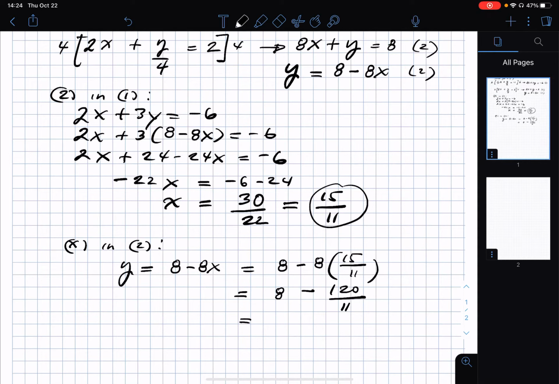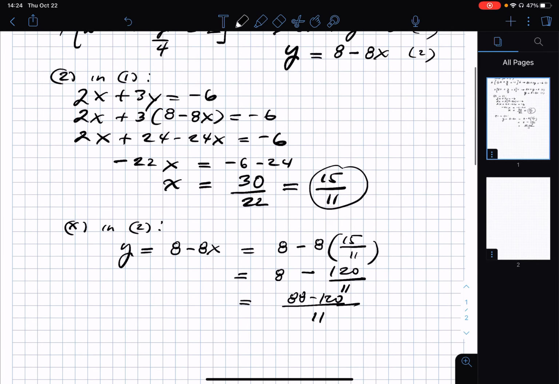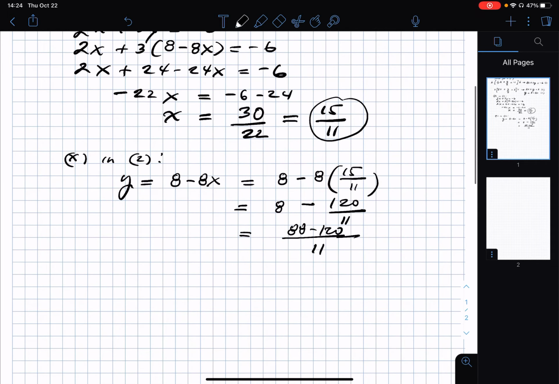The common denominator is 11. This will be 88 minus 120, and this will become minus 32 over 11. That is the value of y.